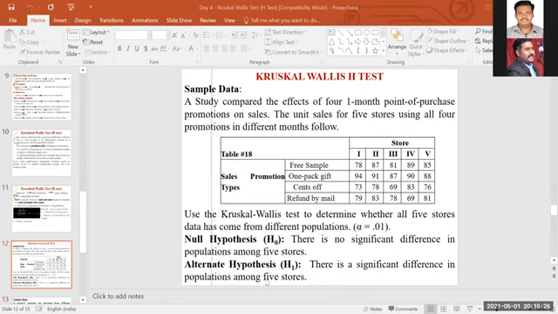Okay, now I will stop sharing this and I will move on to SPSS. Variable view. Okay, now I'll share my screen.